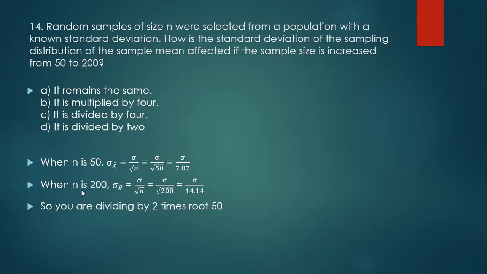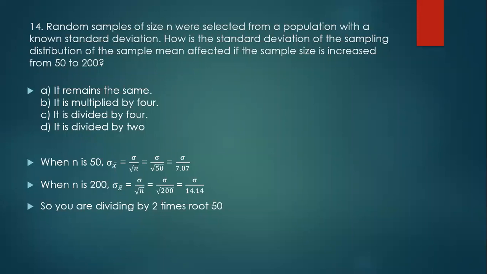When n is 200, the standard deviation of the sampling distribution of the sample mean is going to be the population standard deviation divided by 14.14. 14.14 is basically 7.07 times 2. So you can put it in your calculator, it's 7.07 times 2.